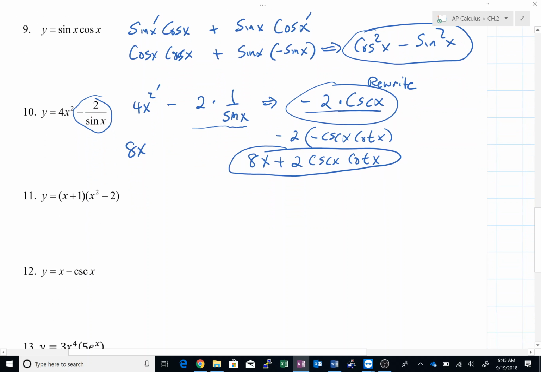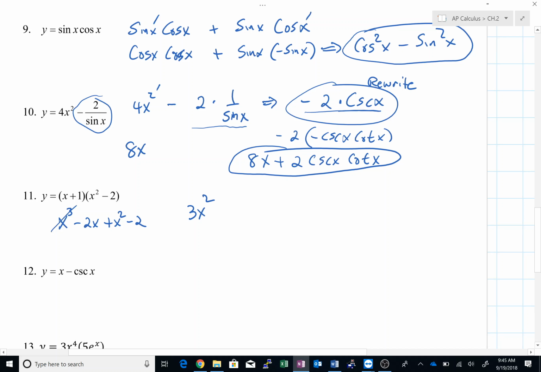All right, if I have this, again, I would FOIL this together first. Okay, so we're going to get x cubed minus 2x plus x squared minus 2. All right, and let's just differentiate it right down the line now. We get 3x squared.